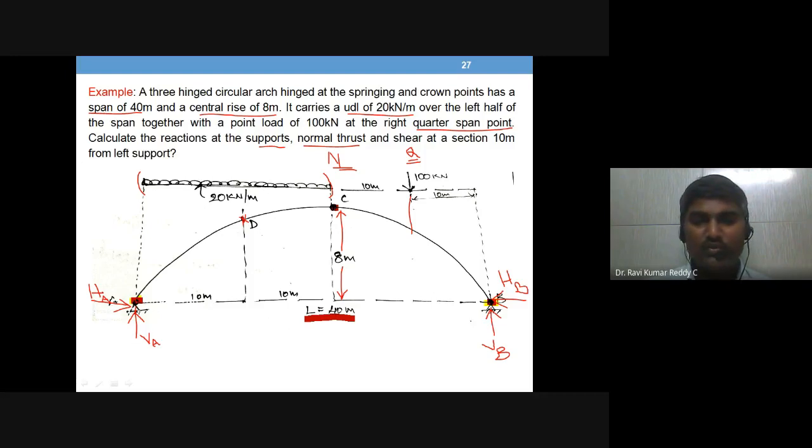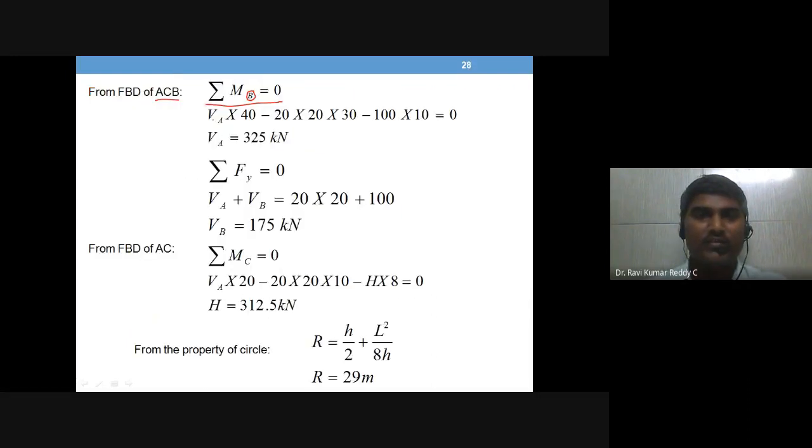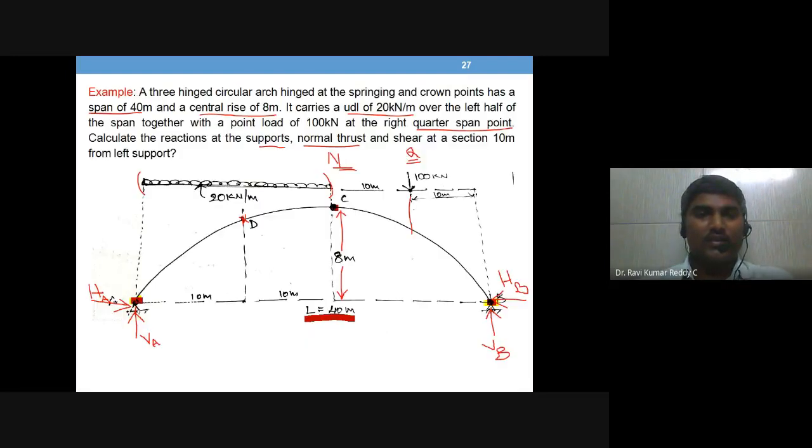VA into L, that means 40. VA into 40 is written, you can see VA into 40 is written here. Then load 20 is UDL into span. Load span is 20 meters, from here till this point it is 20 meters.